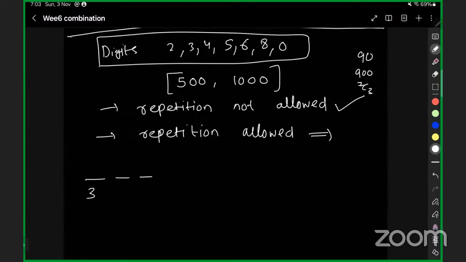So whatever number you choose here, can you have it here again? No, right? So how many choices are left for the next place? You have 6, right? Out of 7, some out of these 3, one you will choose, but out of 7, you will have 6 options left for you now, right?